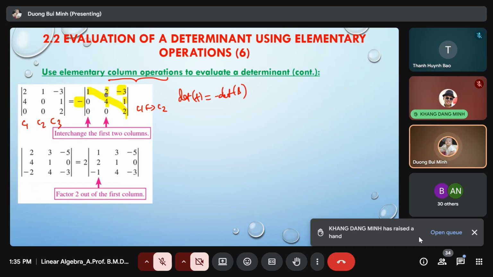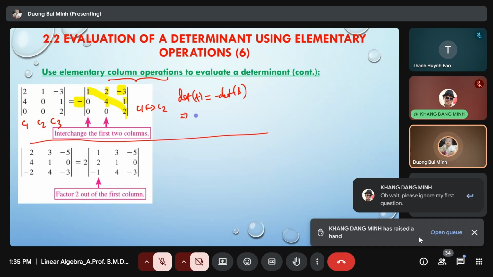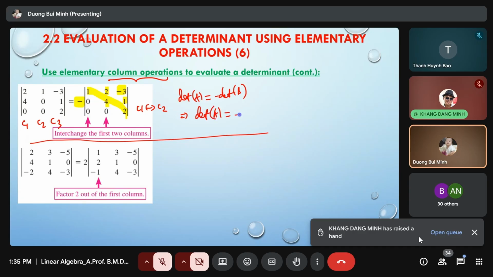So here we have 2. We would like to modify. Okay, so here we can get the determinant of this one, right? So you get determinant of A minus, I select this one, so you get minus 1 times.